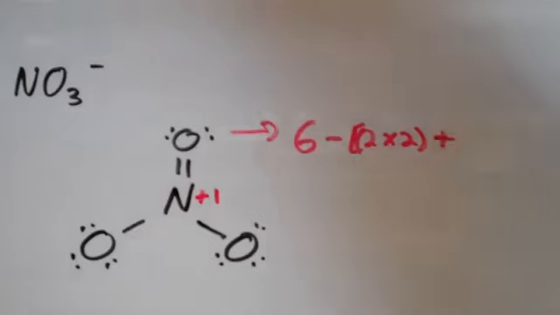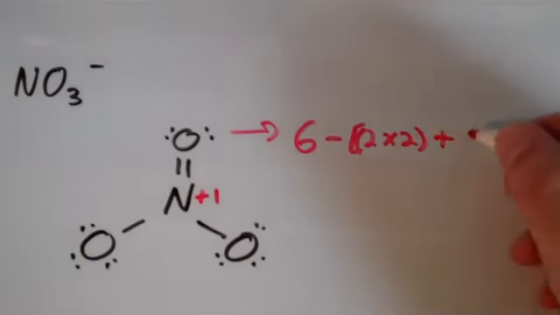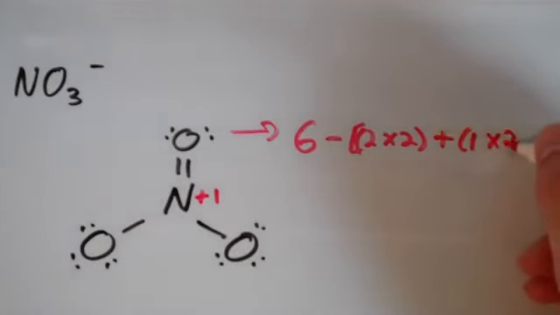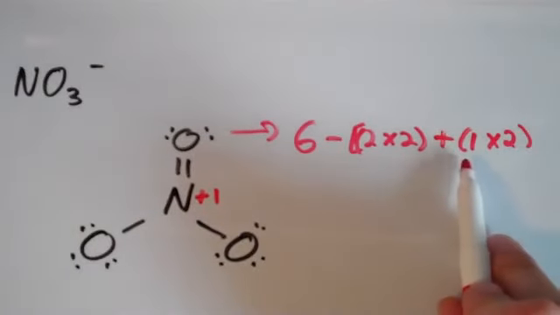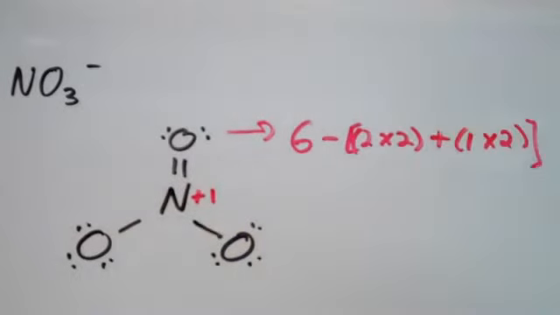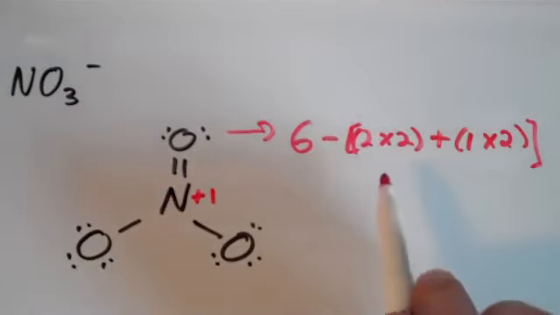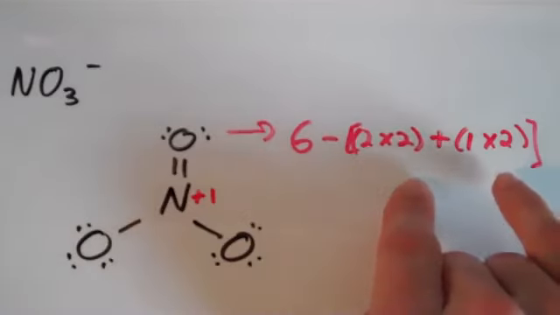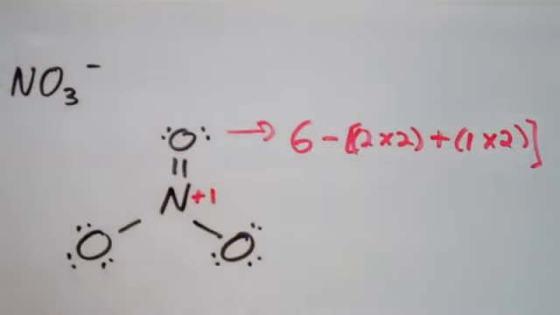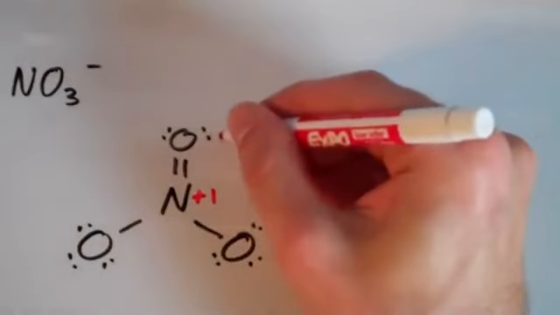And then we're going to add to that the number of shared pair electrons, and there are 2 shared pairs, so 1 times 2, 1 electron per shared pair. And this kind of looks like the oxygen in water, doesn't it? 2 lone pairs, 2 shared pairs. This whole term in brackets is going to be 6. 6 minus 6 equals 0. So the formal charge on this oxygen then is 0.